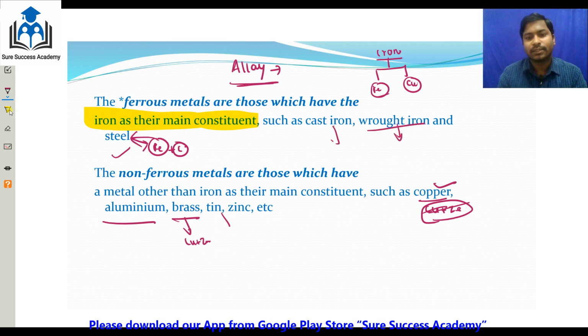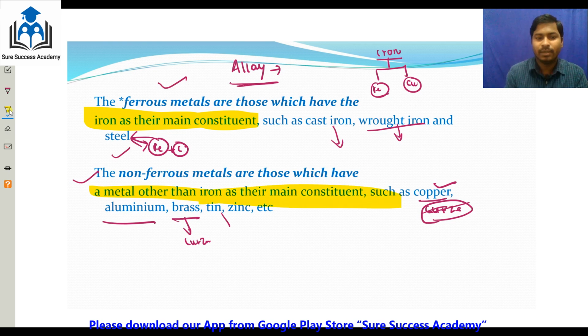Cast iron has more than 2% carbon, but iron is present, so that is a ferrous metal. Non-ferrous metals are metals other than iron as the main constituent, such as copper, aluminum, brass, tin, and zinc.